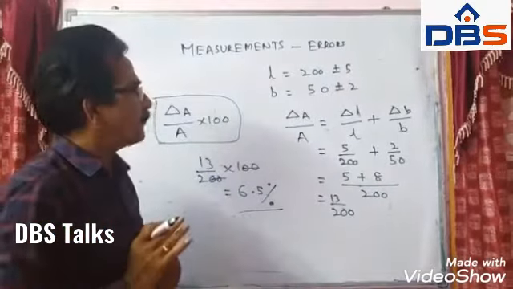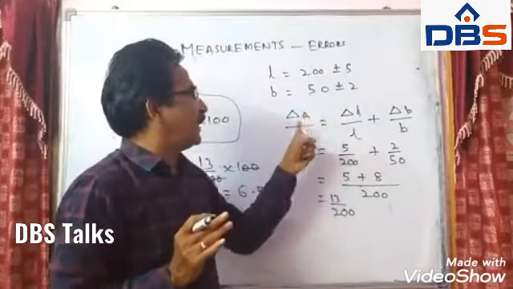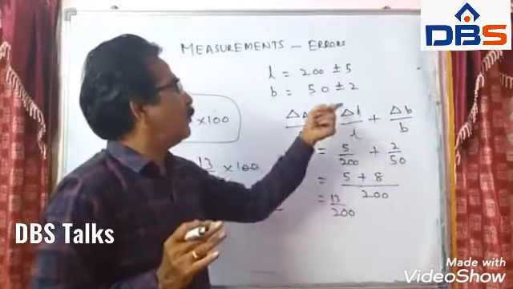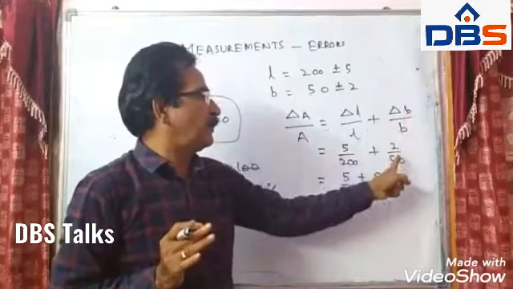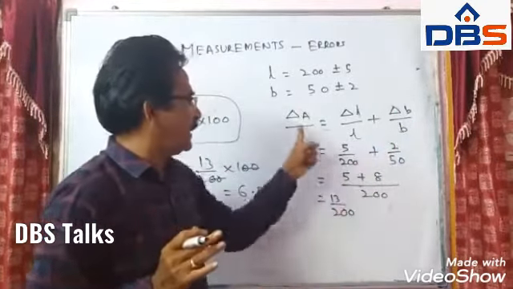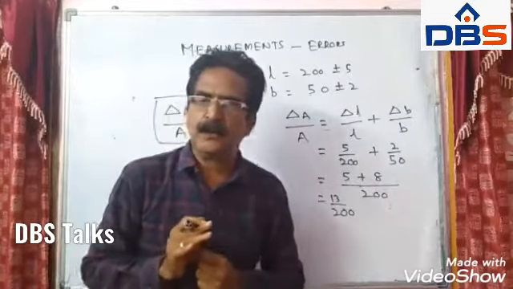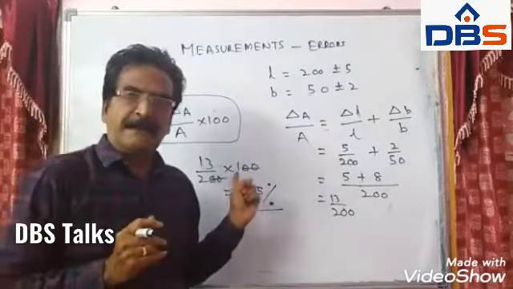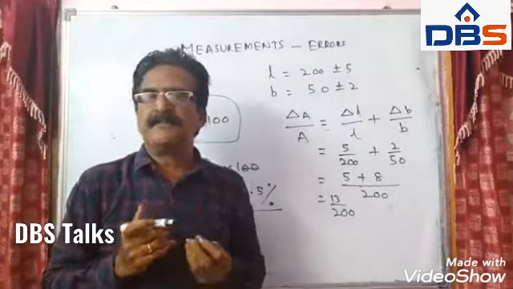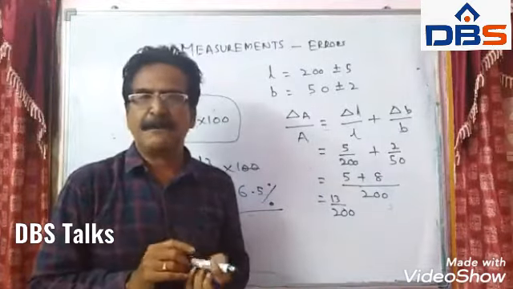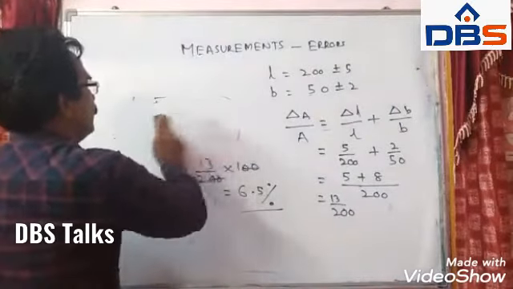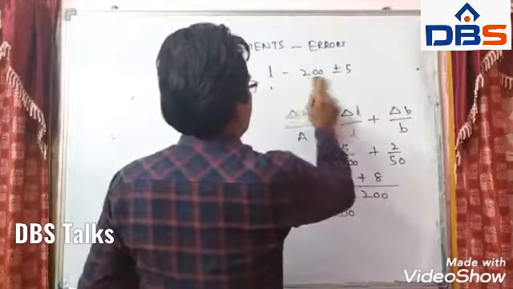And second, we know delta A by A is equal to delta L by L plus delta B by B. By substituting all the values, we get delta A by A is 13 by 200. And now the required percentage is 13 by 200 into 100, that is equal to 6.5% error. Okay friends, let us see the next one.